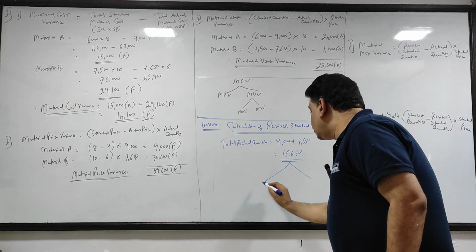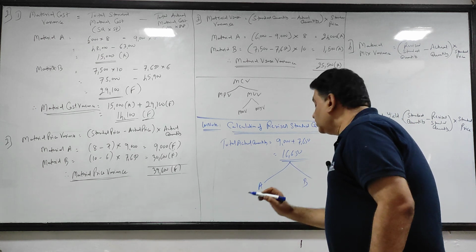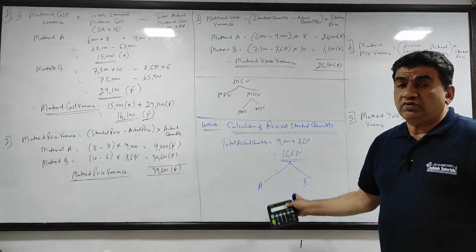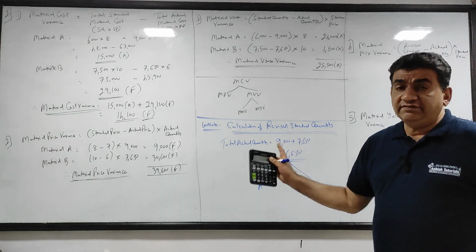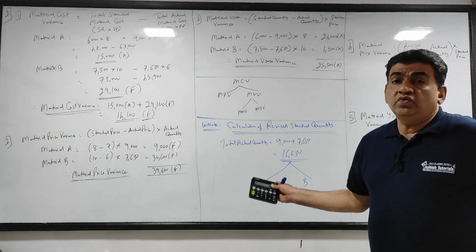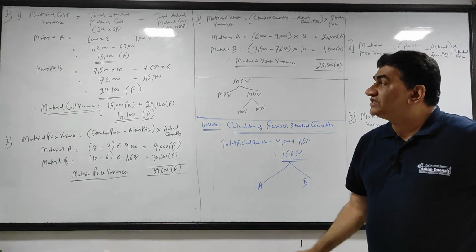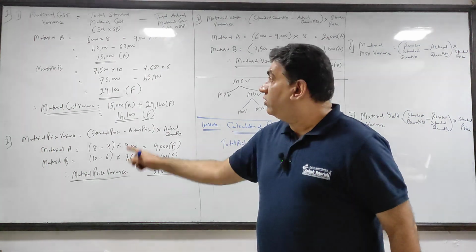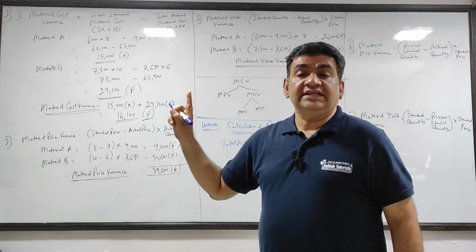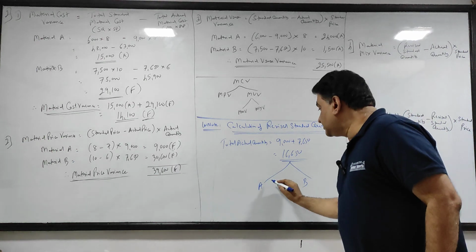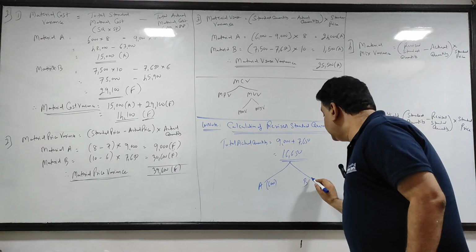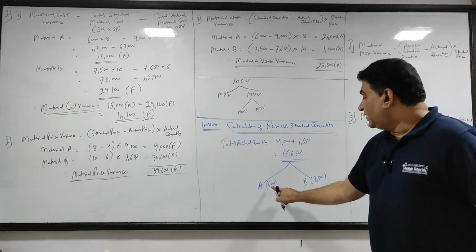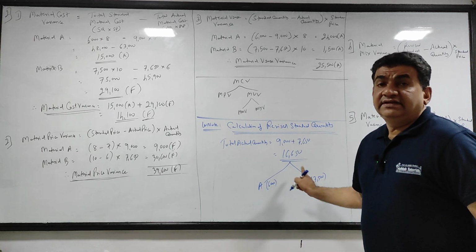Now this actual quantity you will divide between the two materials in the ratio of standard quantity. See, in the question what is the standard quantity? 6000 and 7.5, so you will divide in the ratio of 6000 to 7500, or you can say 60-75.